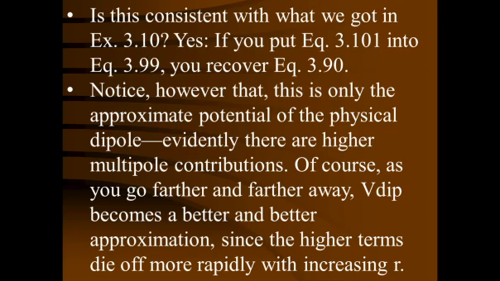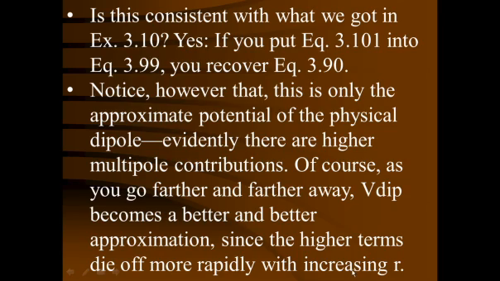Evidently, there are higher multipole contributions. Of course, as you go further and further away, V dipole becomes a better and better approximation, since the higher terms die off more rapidly with increasing r.